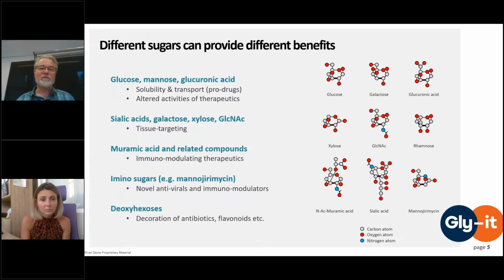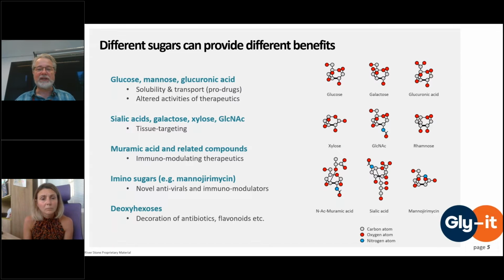For example, glucose, mannose, and glucuronic acid may all increase the solubility of a small molecule or help in transport and change the activities of therapeutics. Sialic acids, galactose, xylose, and N-acetylglucosamine are sugars that are really well known by receptors in mammalian bodies. So these are the ones you go to if you want to start messing with tissue targeting.